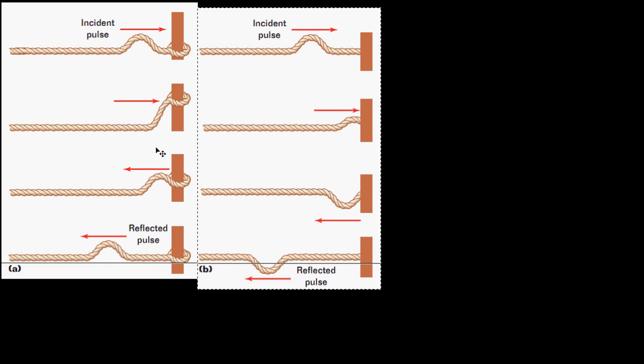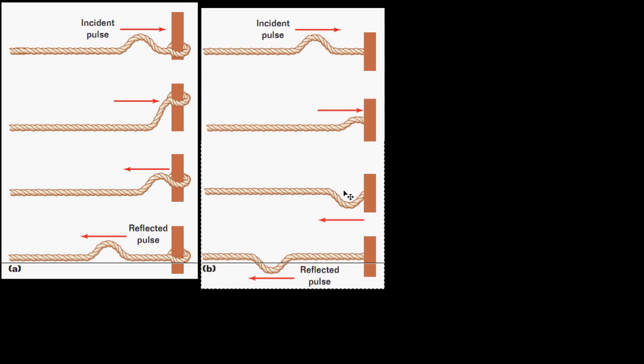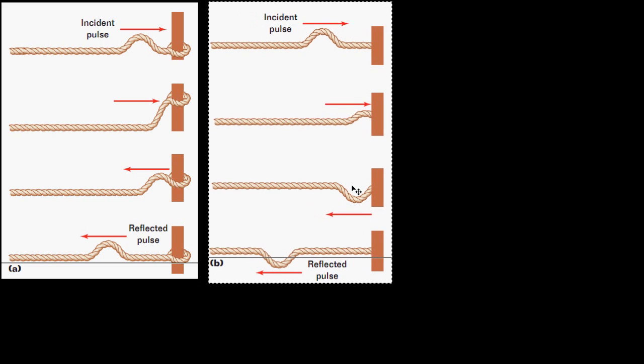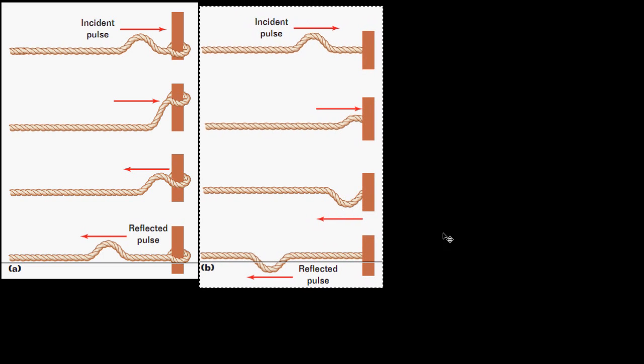So when one end is free to move, it reflects the same as it was. When one end is fixed, it still reflects, but it is inverted. And that's a subtle thing that you will see on tests. It's something you do need to know about the interaction of waves at boundaries.